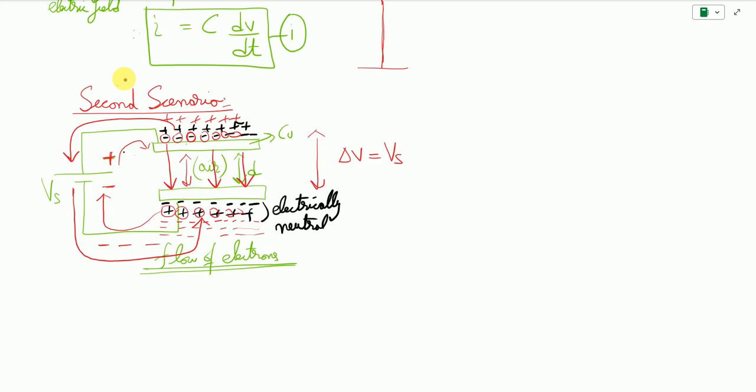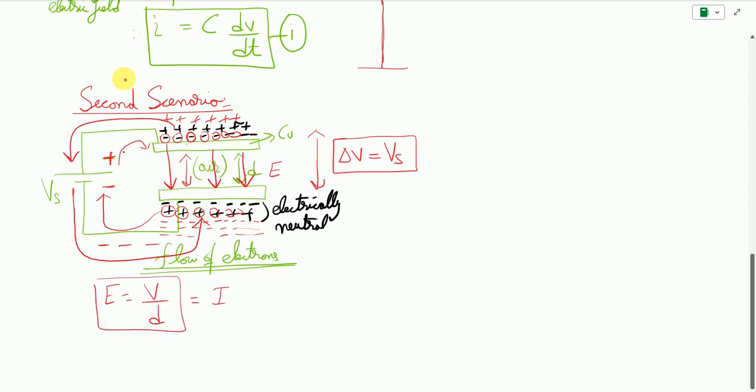So whenever the potential difference reaches the supply voltage, we say that the electric field has been generated. Once the electric field is generated, we know that it is the ratio of the applied voltage and the distance between the plates, and this is going to generate the displacement current inside the capacitor.